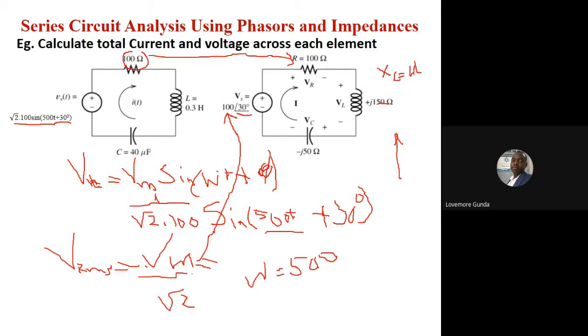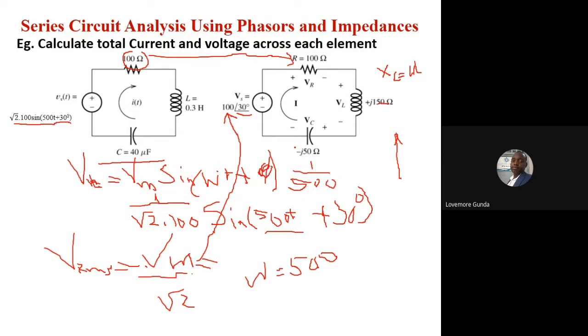Then XC, we have C in microfarads, that is 40 times 10 to the power minus 6 farads. And then we multiply 1 over 500, which is our omega, times 40 times 10 to the power of minus 6, and you get your 50.